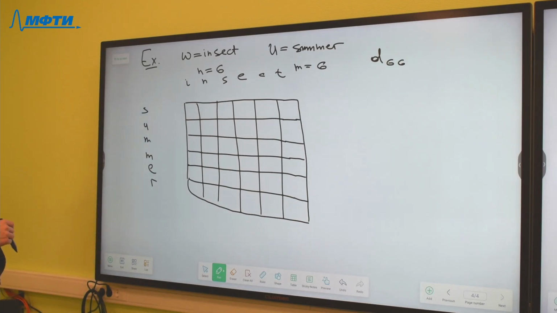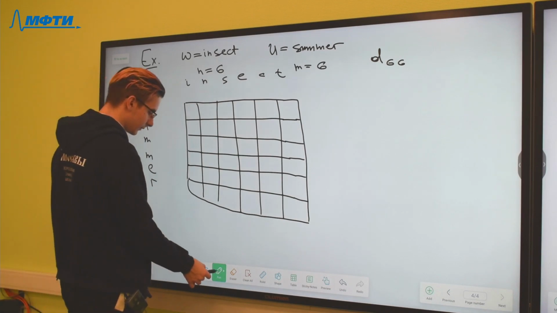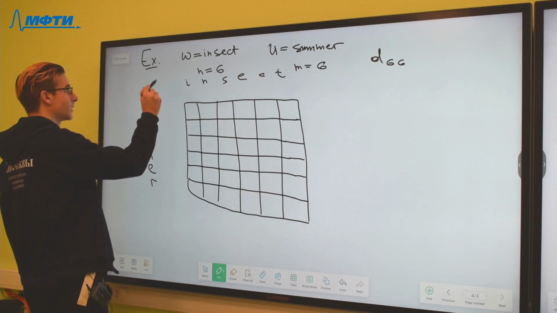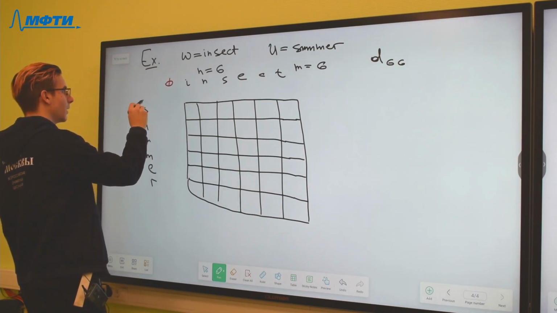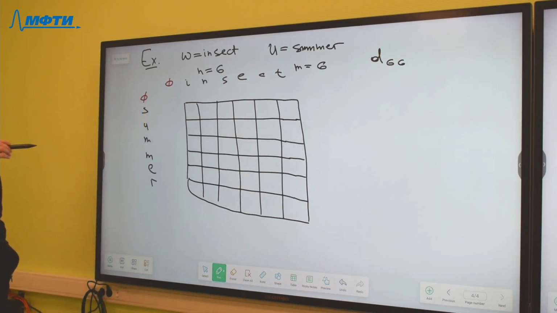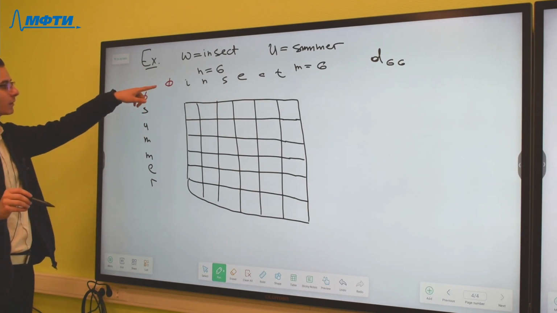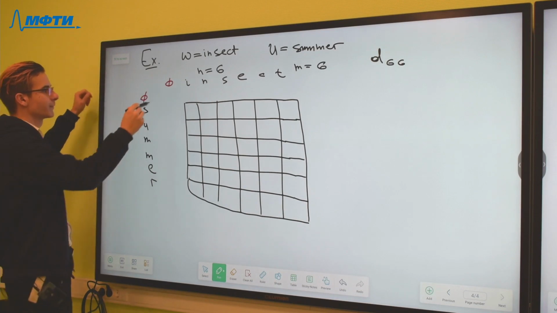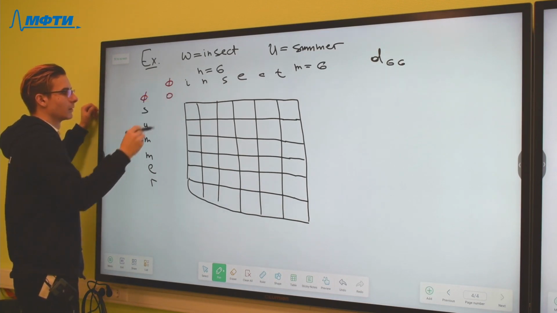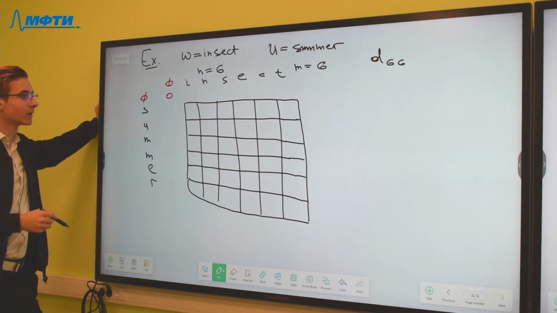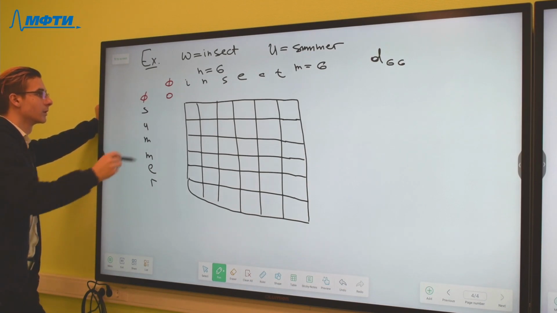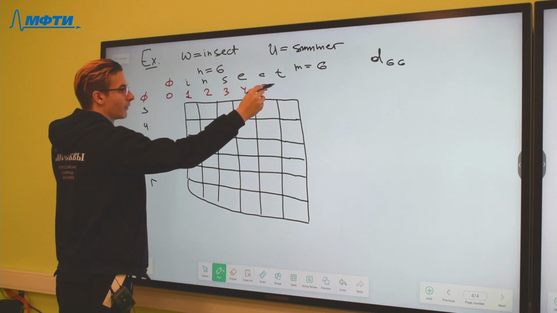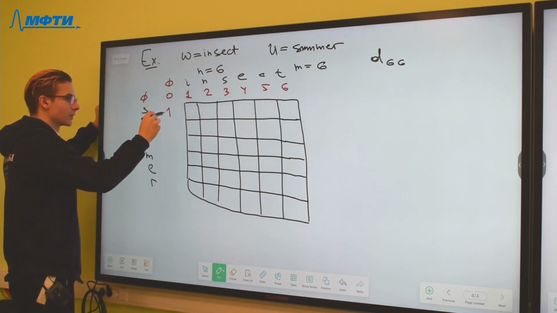So, firstly, we can add here empty characters, empty prefixes. And if we have an empty word, we set the distance between them equal to 0. Here 1, 2, 3, 4, 5, 6. Here 2.